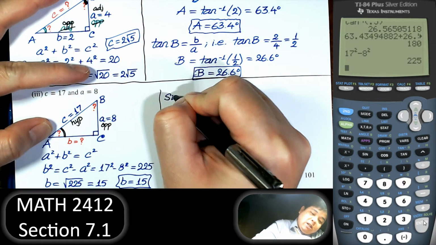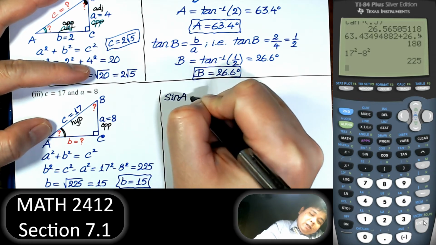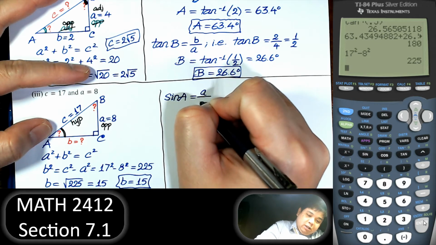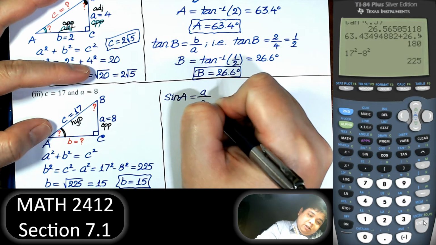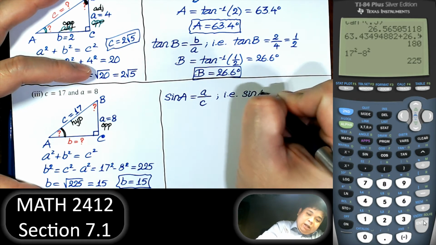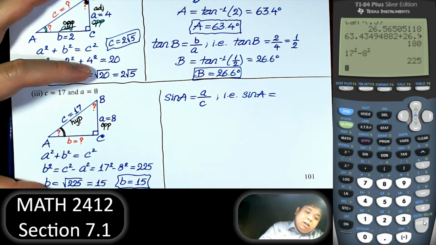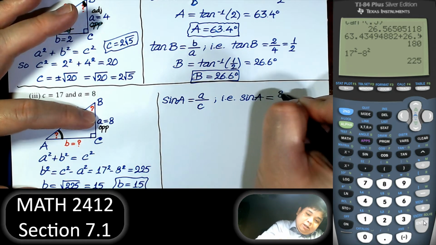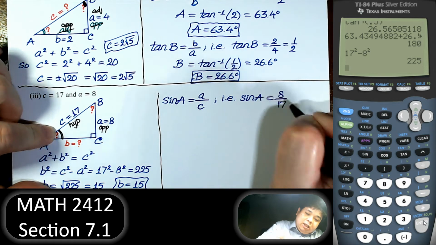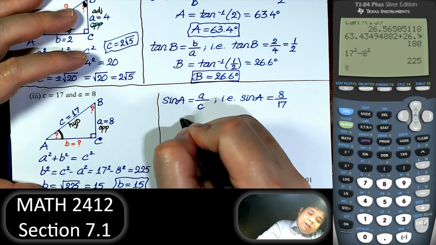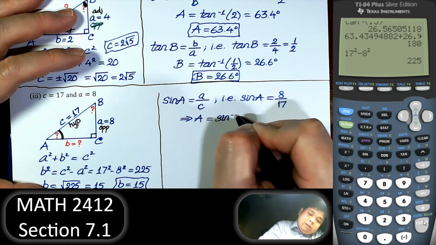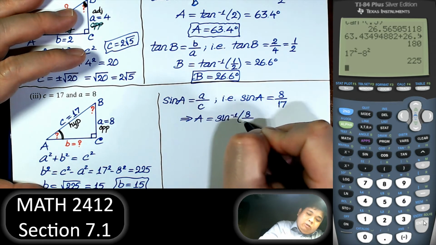So that is sine, which is opposite over hypotenuse. That means for angle A, opposite is 8 over hypotenuse 17. So we can get a sine inverse of 8 over 17.